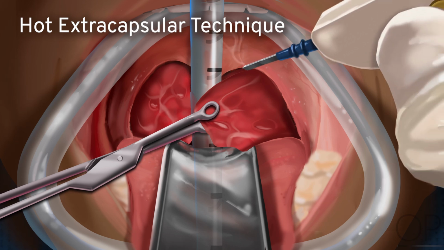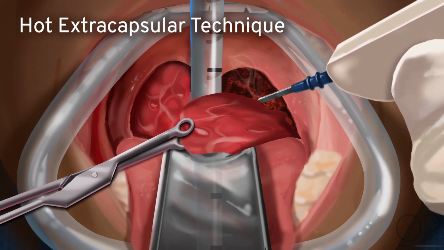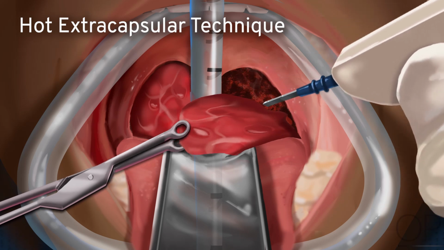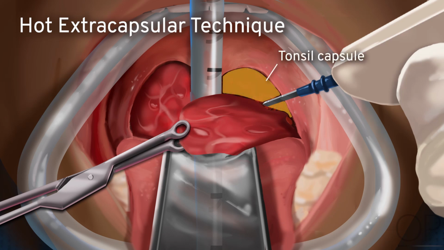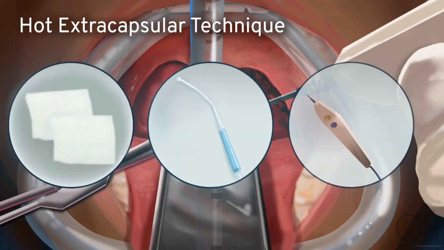An incision is made in the superior pole using electrocautery, and the entire palatine tonsil is removed from superior to inferior pole. It is important to dissect along the tonsil capsule and avoid injury to the adjacent musculature. Preserving as much of the anterior and posterior tonsillar pillars as possible is also important for postoperative velopharyngeal function. Hemostasis during the procedure is maintained via packing, suction, and cautery.